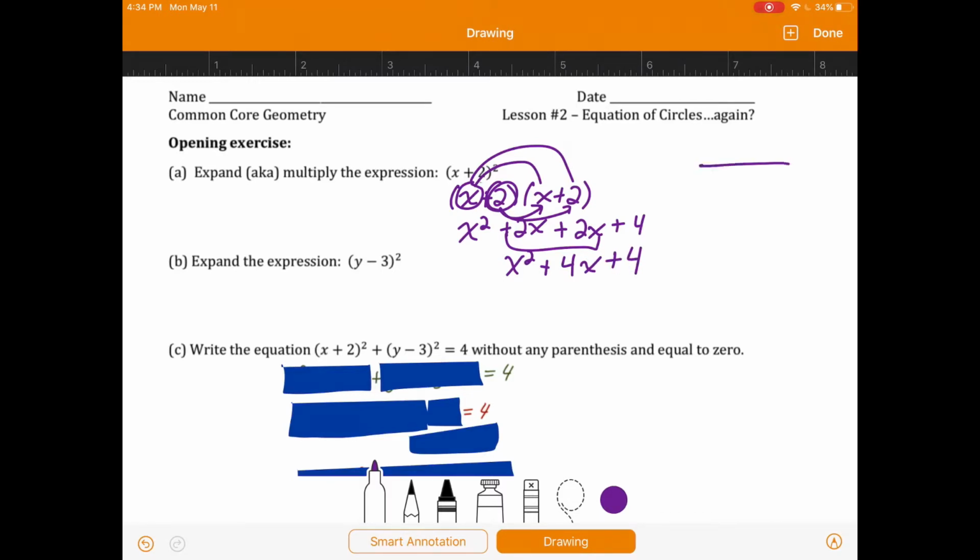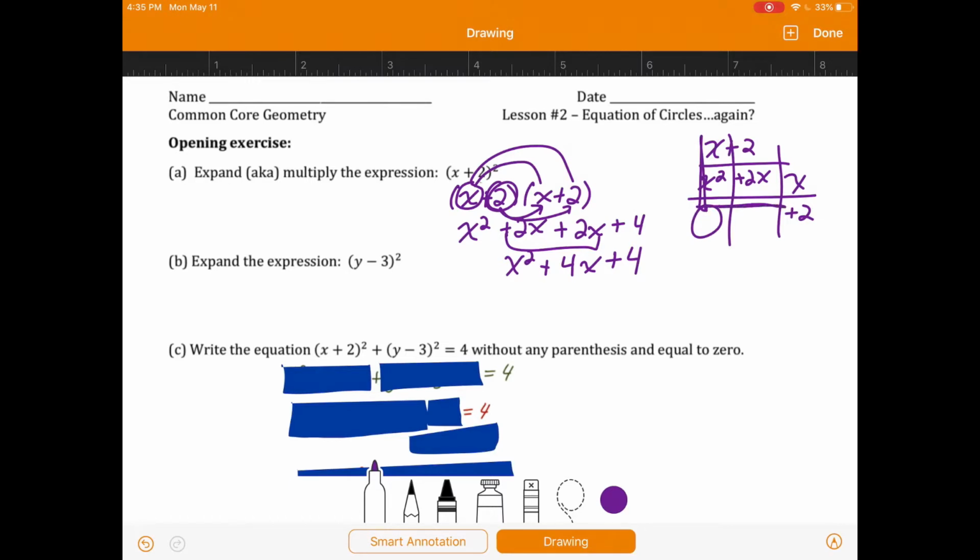You could also do this with this little chart where you've got x plus 2 and x plus 2. And then you multiply in the boxes, so like this piece right here is going to be x times x, so that's x squared. This part right here is 2 times x, so that's a positive 2x.